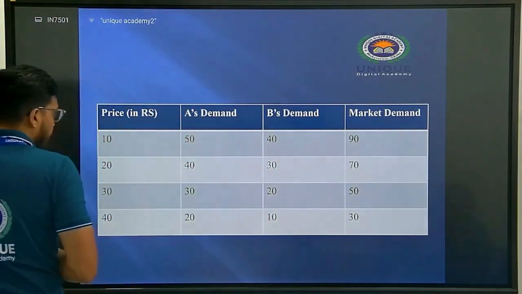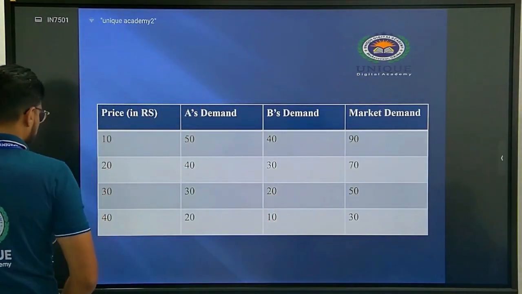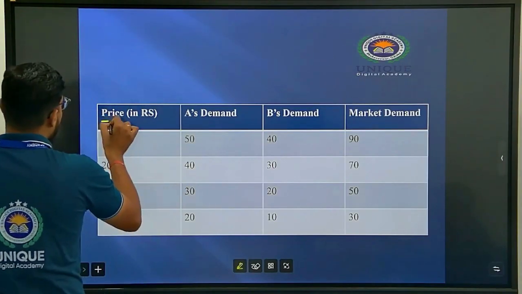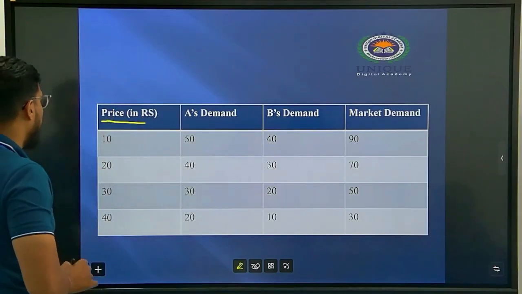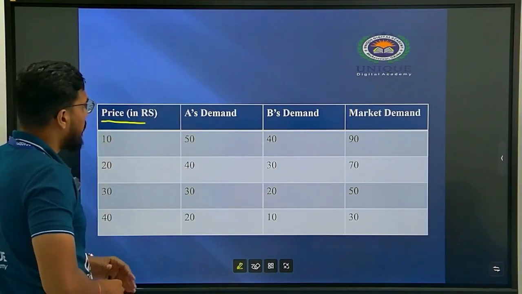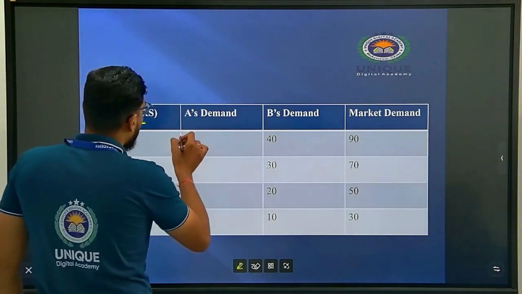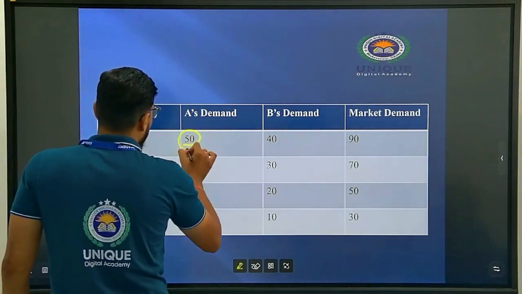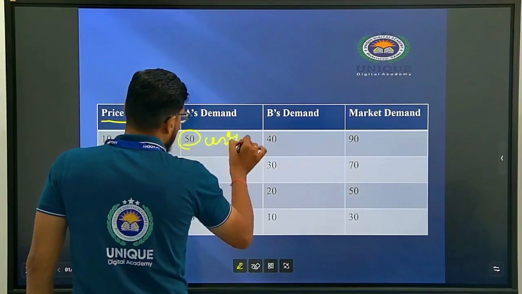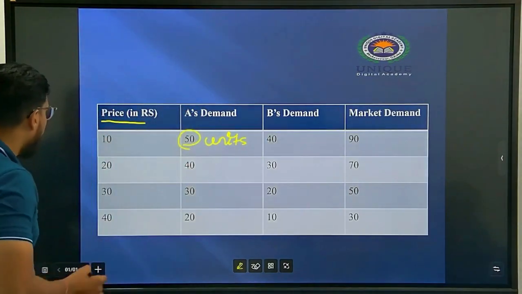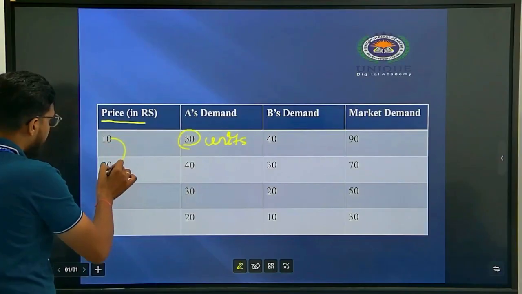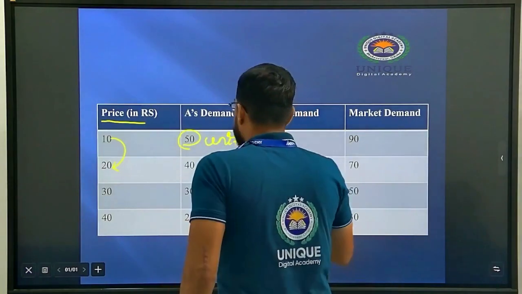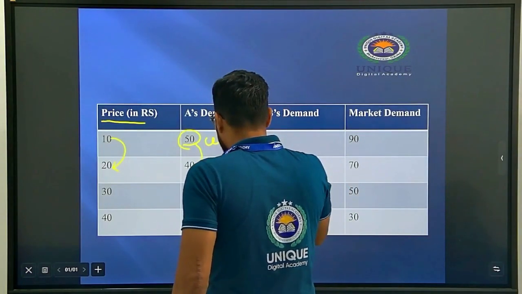So when the price of the product is rupees 10, A's demand for commodity X is 50 units, and when the price increases from rupees 10 to rupees 20, the demand for commodity X declines from 50 units to 40 units.